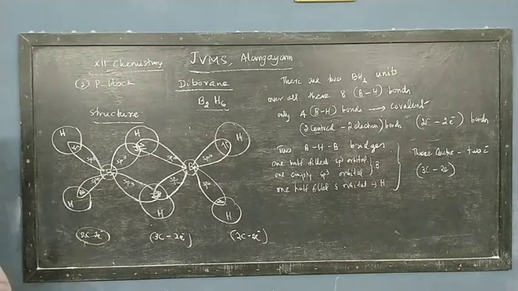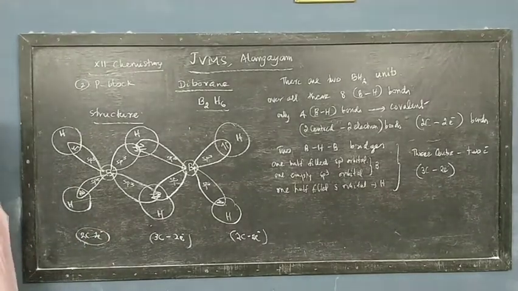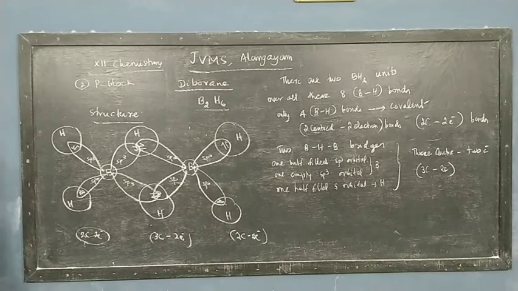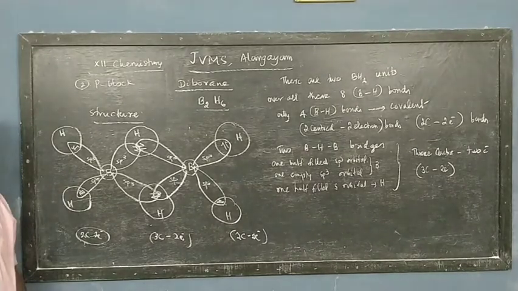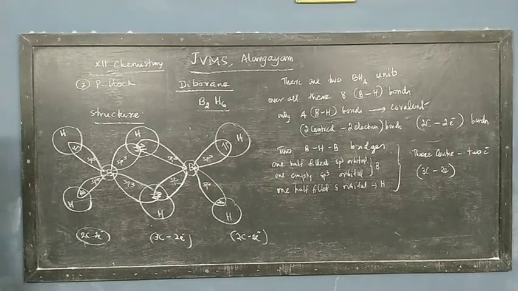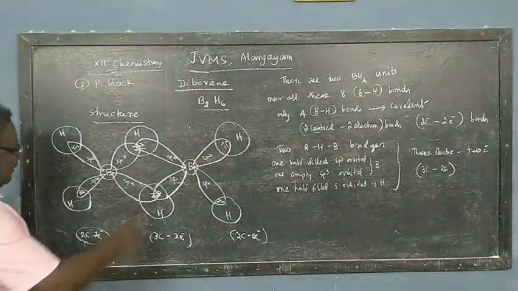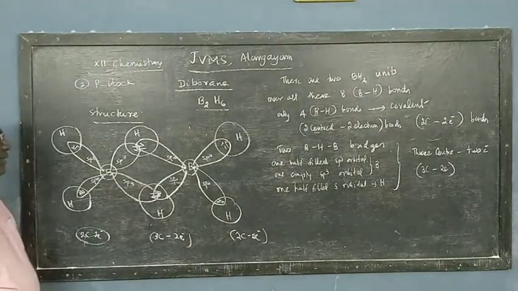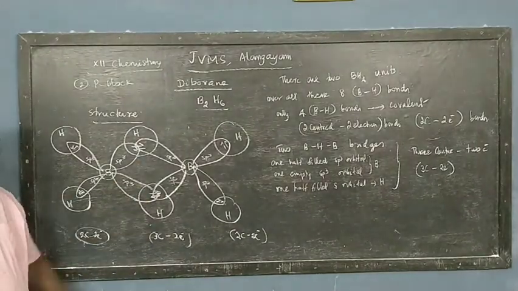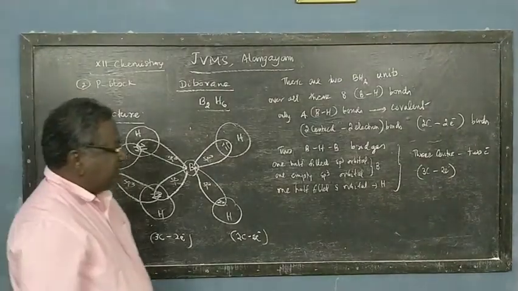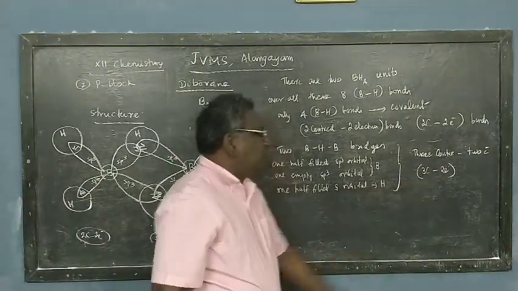So this is how the structure of diborane is explained. You should know that overall there are 12 electrons, but only 8 electrons are making the perfect covalent bonds. The other 4 electrons are making the BHB bridges, the boron hydrogen boron bridges, and in these there are 3 centers connected by 2 electrons.